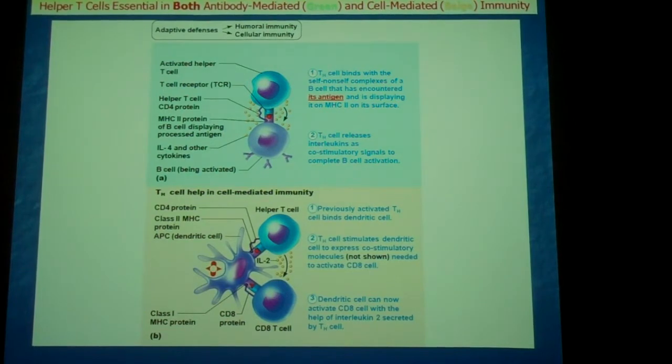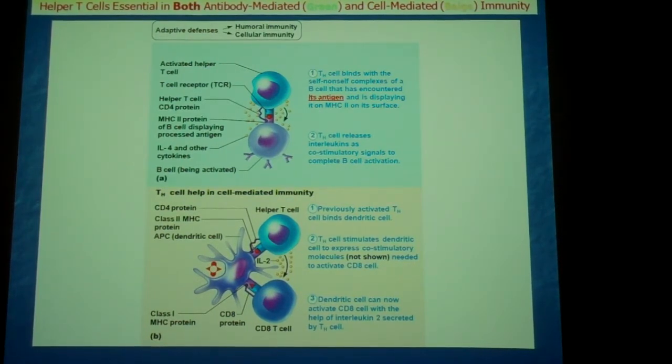This again is just kind of a repeat of what I've shown before. The beige down here represents T cells. So here's an antigen-presenting cell, presenting the antigen to the T cell. Here's a helper T cell coming alongside to co-stimulate and facilitate the activation of this cytotoxic T cell against the antigen it's specific for.